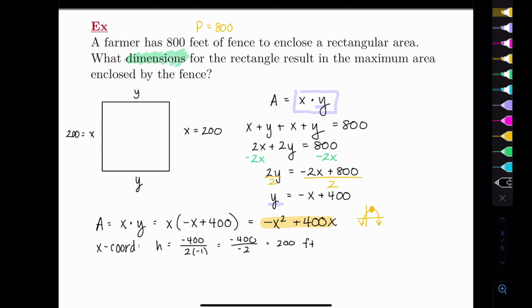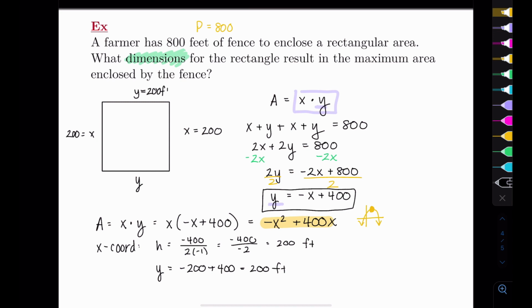And for our other value, we can use this equation here. The other side length, y, is equal to negative x plus 400. The other side length should also be 200 feet. So the dimensions that result in the maximum area are 200 feet by 200 feet, meaning a square is going to give us the maximum area.